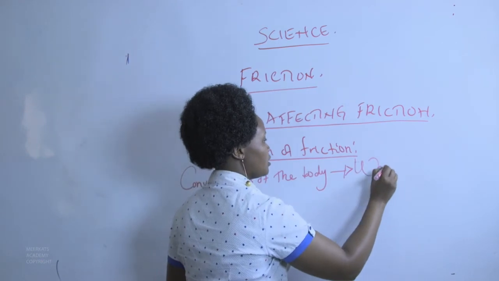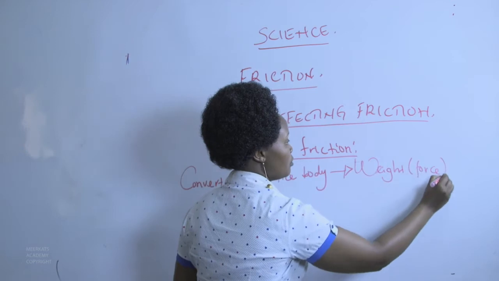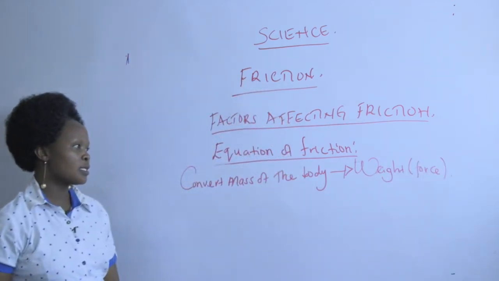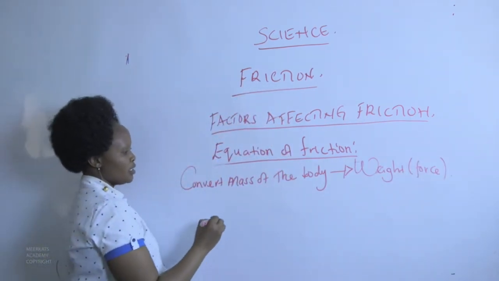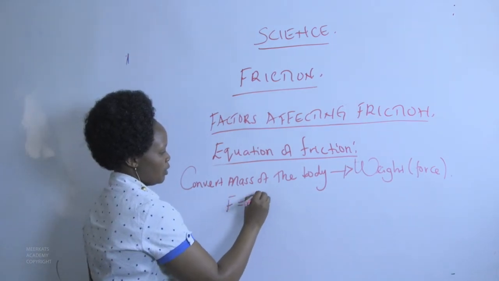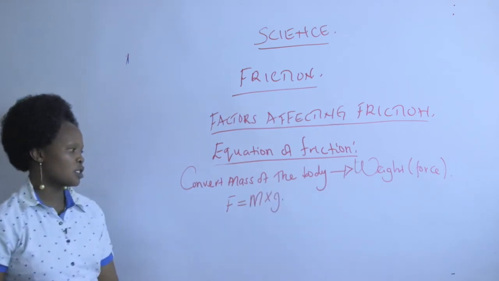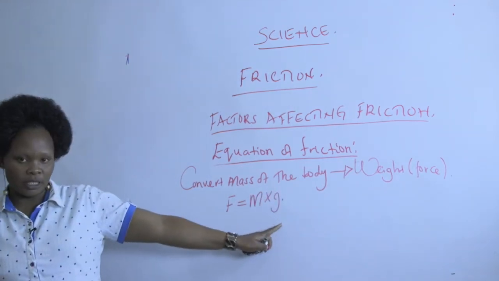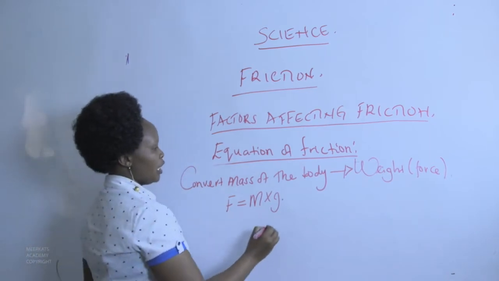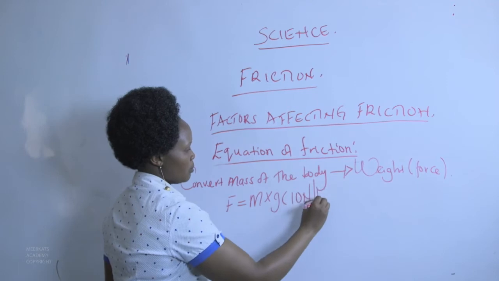We convert mass to weight, which is actually a form of force, and that one is done by multiplying mass and the gravitational force of that particular area, which is actually assumed to be 10 newtons per kg.